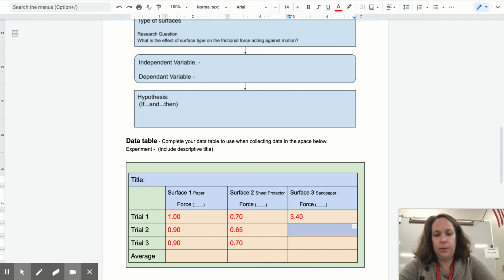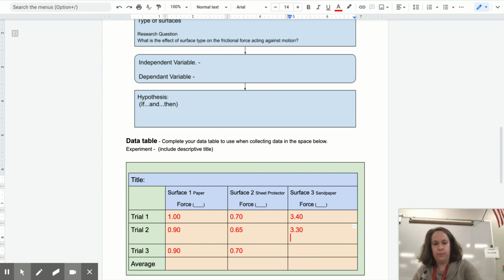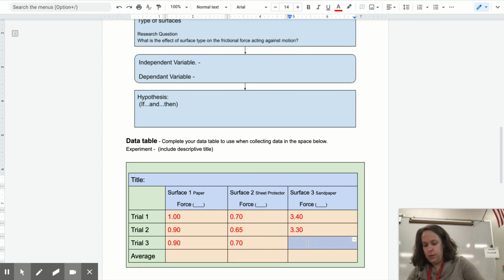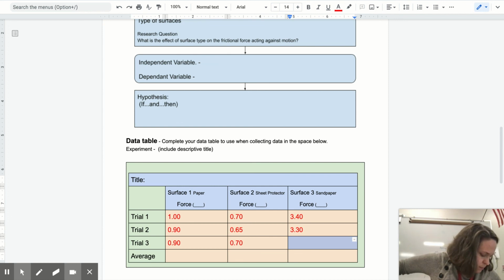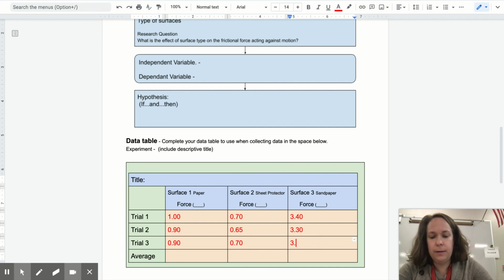It looks like about 3.3 newtons. And third trial, about 3.3 newtons again. All right, there's your data.